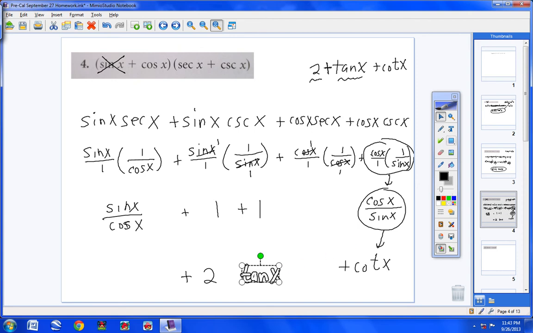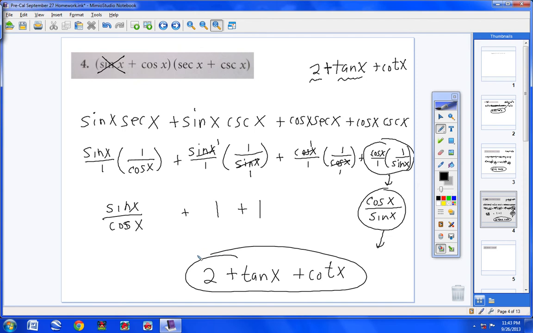Move that there. There we go. Booyah. I think that's pretty cool. A lot of work, and I'm sure you probably struggled on that one, but it's good practice for you.